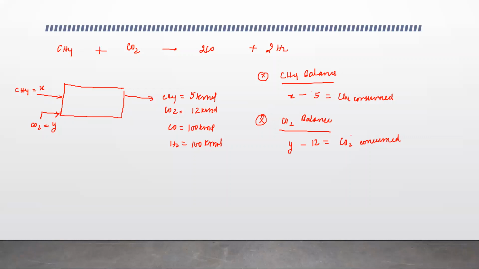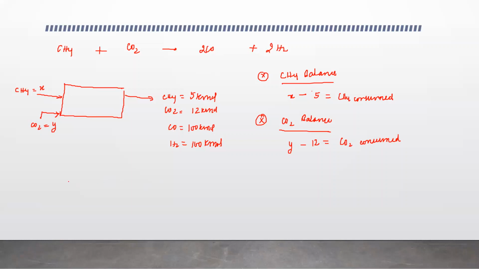Right? So based on that, we can get the two equations that we need. And one more equation that we can get by stoichiometry is that carbon monoxide or hydrogen, whatever is formed, is twice that of CO2 consumed, right? From stoichiometry, you can see that if, let's say, 1 kilomole of CO2 has reacted, then 2 kilomoles of CO will be formed.